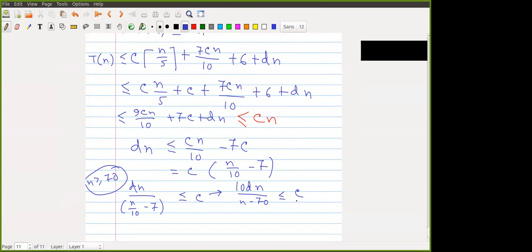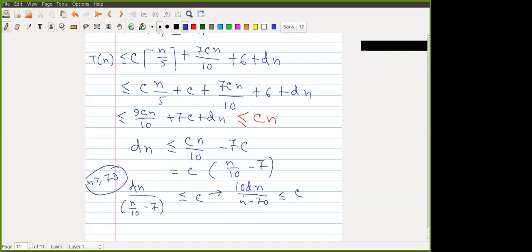This is okay, right? I needed n greater than or equal to 70 because otherwise this denominator term would become negative, right?